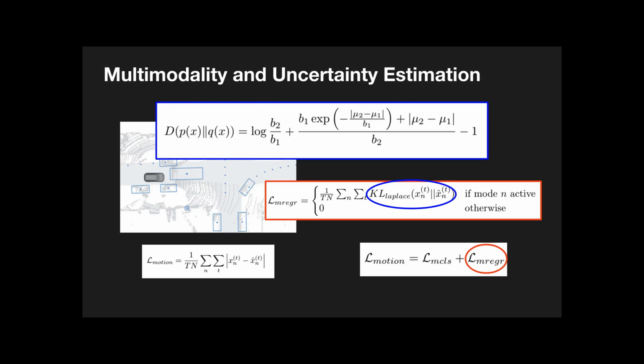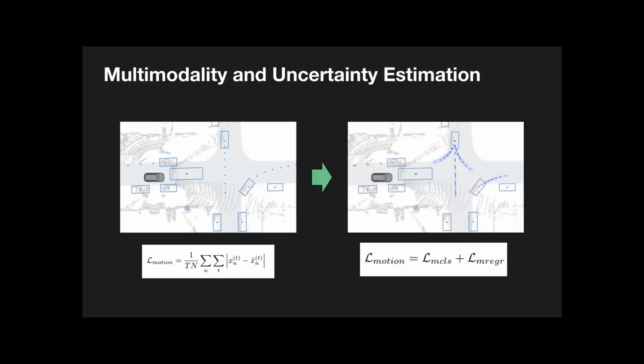But the paper does a Laplacian study to show that it can provide much better estimates than when using a Gaussian distribution. Finally, with these changes in the motion forecasting loss, you can see the results in the picture on the right. All future motion states have their uncertainties. Also, some objects have multiple possible modes, such as the object at the intersection. All three modes are correctly predicted by MultiXNet, like going left, right, and straight.